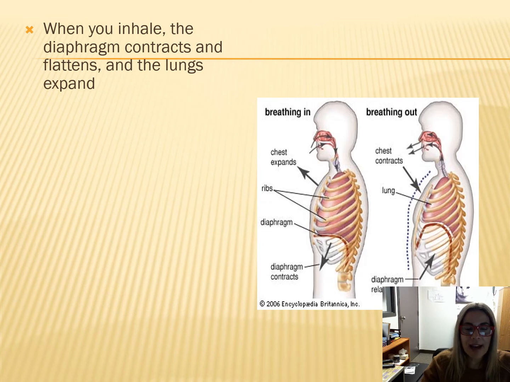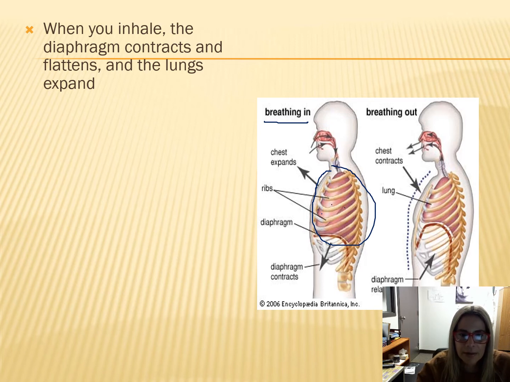Looking at that a little more closely, when you inhale, the diaphragm contracts. This is our inspiring, or breathing in. The diaphragm contracts and pulls down on the lungs. Think about that for a minute. You're increasing the amount of space in the lungs, which means the air in there has more space.